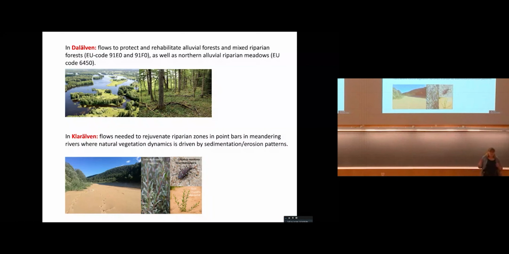In Klarälven, we work with something a little bit similar to what we heard about yesterday, these point bar systems where you have vegetation dynamics driven by sedimentation and erosion patterns. And we also have problems to maintain älvsandjägare, strandsandjägare in Swedish, in these systems.